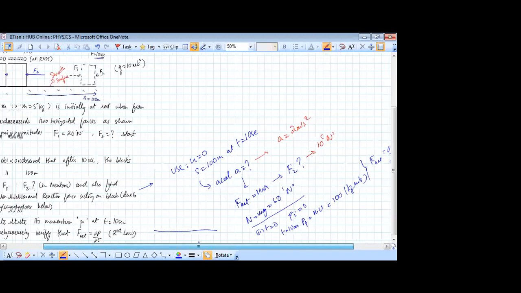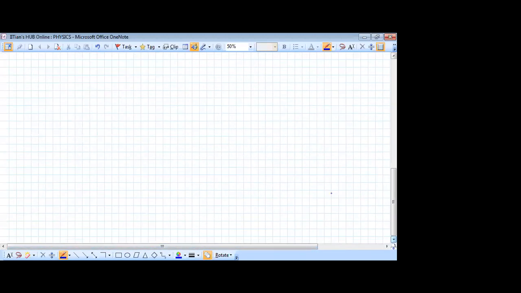Okay, so let's understand the full solution. The first thing is to use the fact that initial velocity is 0, and acceleration is constant because the forces acting are constant, but we don't know how much. The displacement is equal to half a t square.